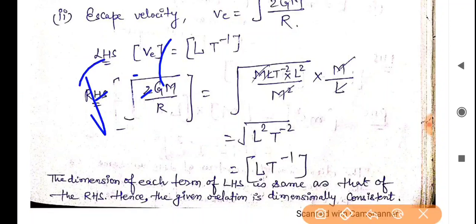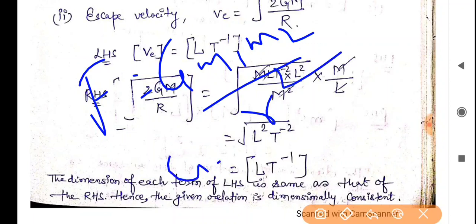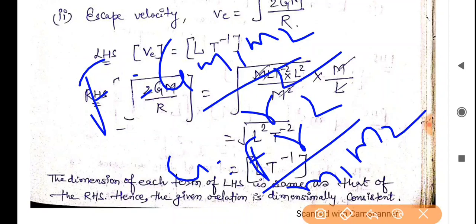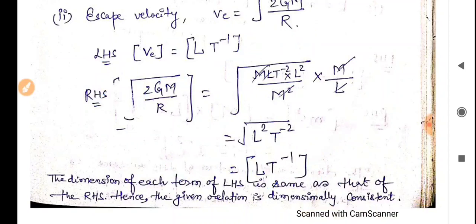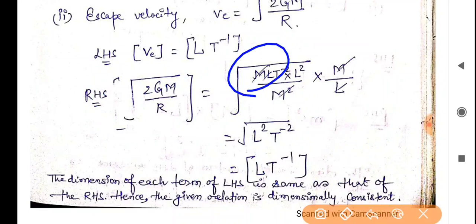F equals G m1 m2 upon r square. So G equals F r square divided by m1 m2. From this we have substituted the value here. This is the value MLT^-2 for force, L square for distance squared, and m into m for m1 into m2.